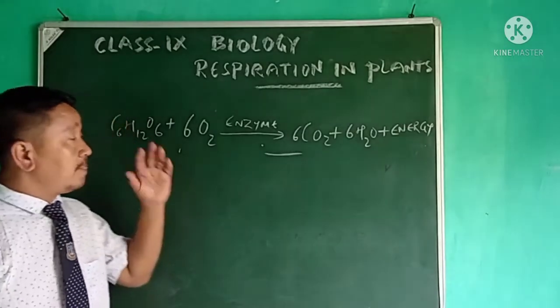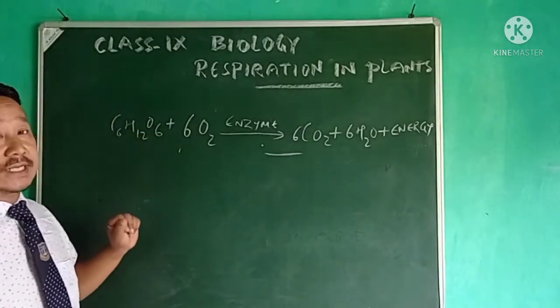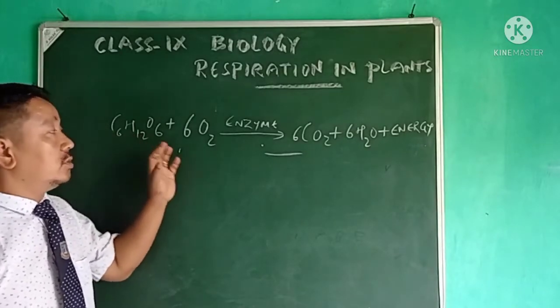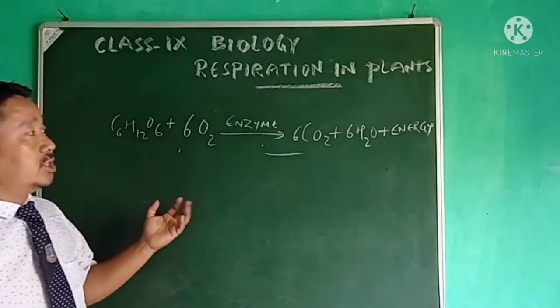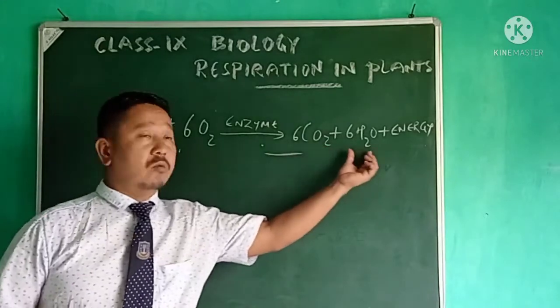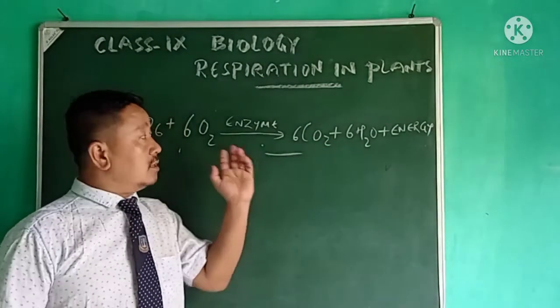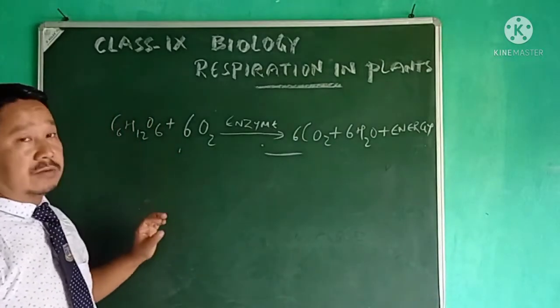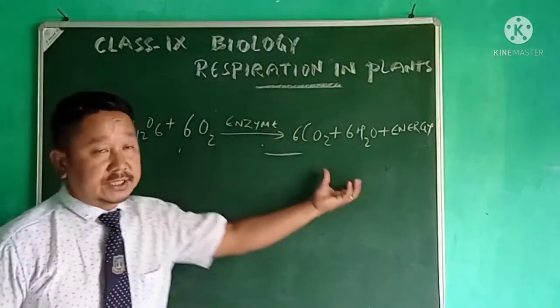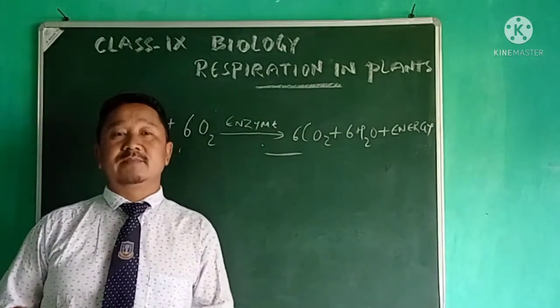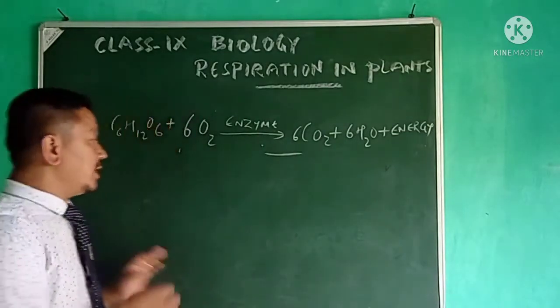First, glucose will be oxidized to produce carbon dioxide, water and energy, and this conversion mainly takes place in 2 steps.